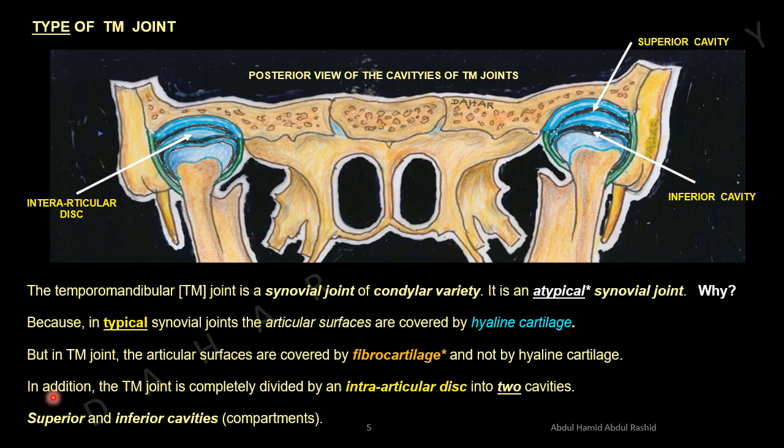In addition, the temporomandibular joint is completely divided by an intra-articular disc into two cavities. Look here. This is the intra-articular disc, dividing the cavity into two. Above the disc is the superior cavity, and below the disc is the inferior cavity, also known as the superior compartment and inferior compartment.